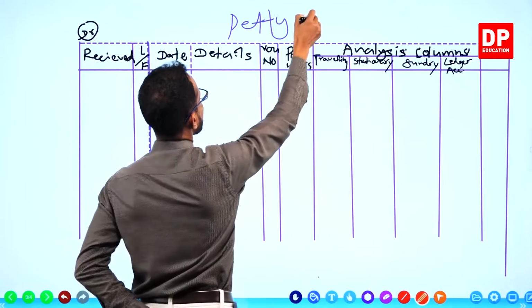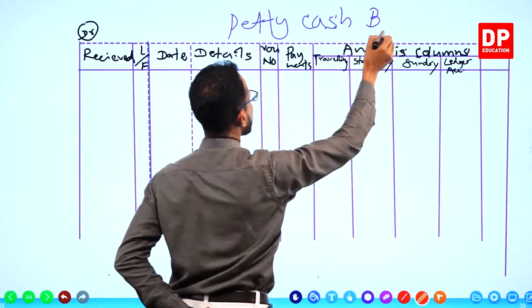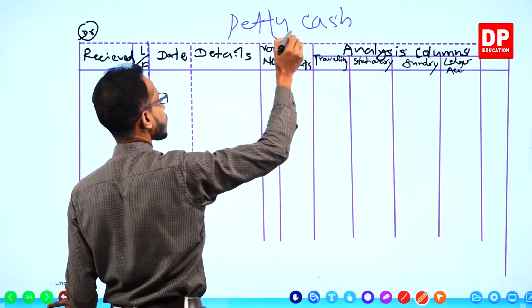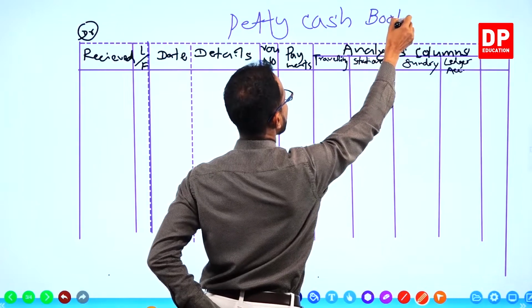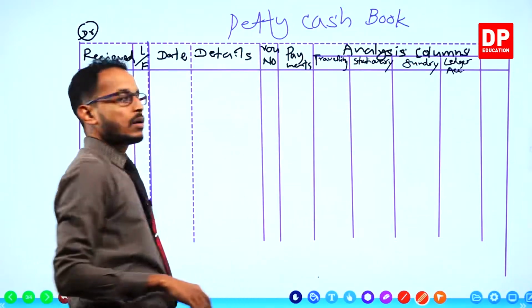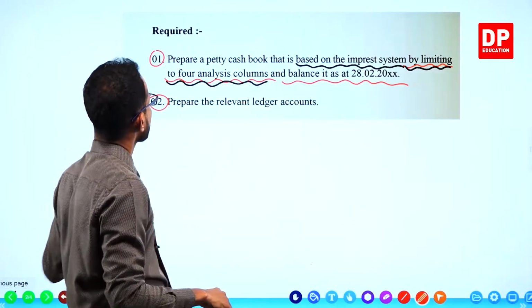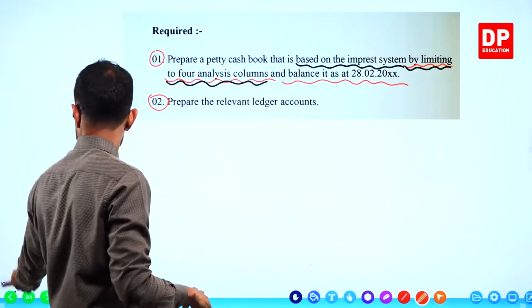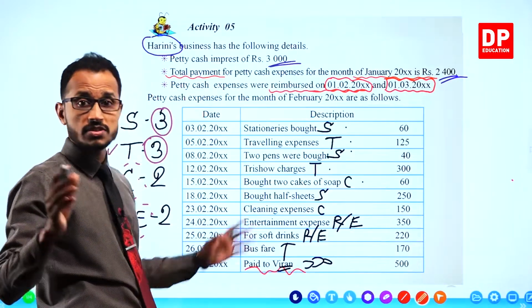Petty cash book. Here we go. First transaction, the payment.